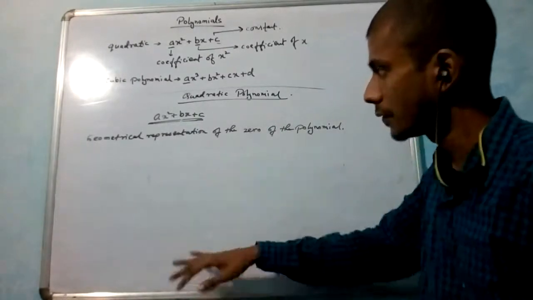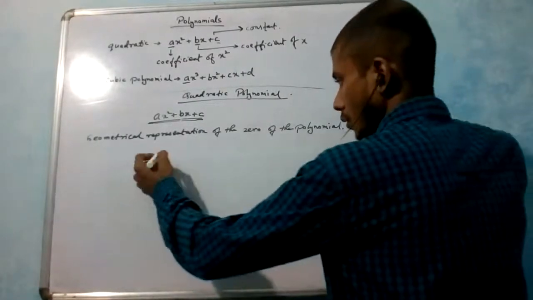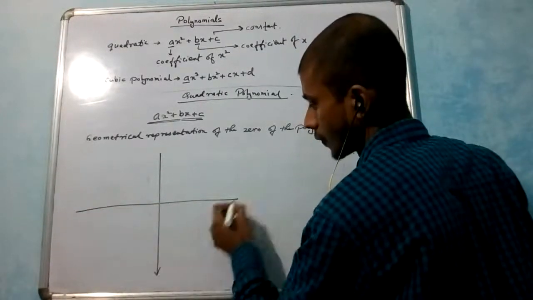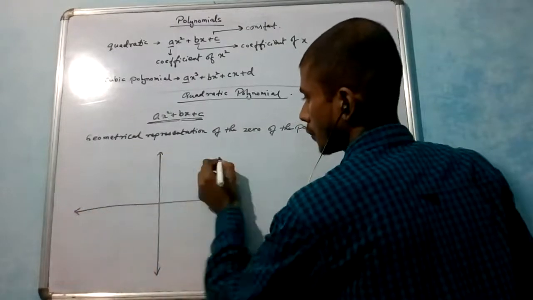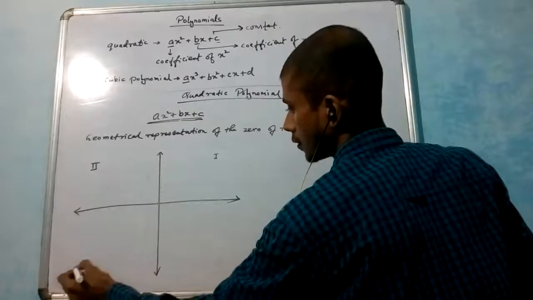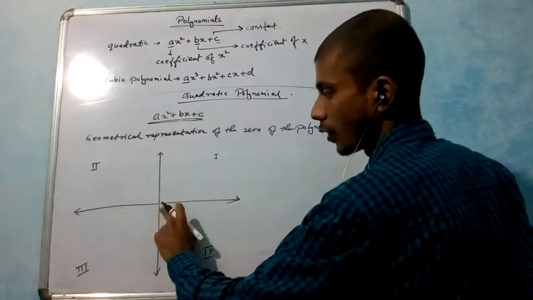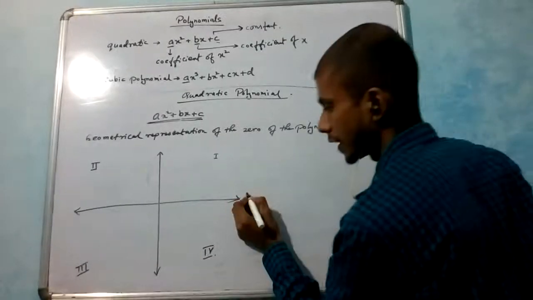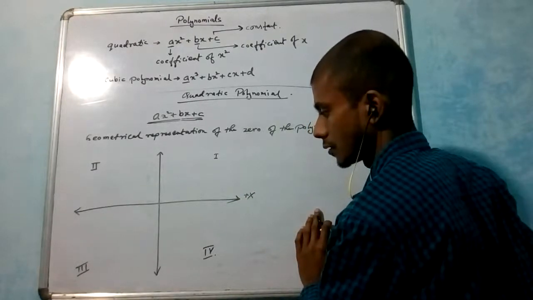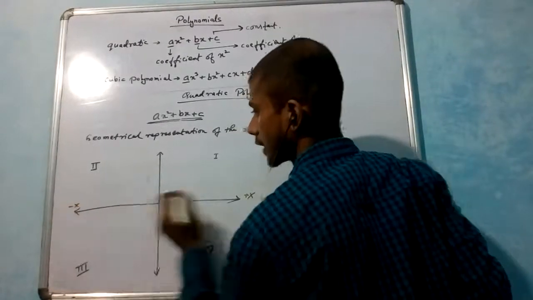So on the graph, we have this, the Cartesian plane. We know the first quadrant, second quadrant, third quadrant, fourth quadrant. From the origin towards the right, this is plus x. This side is minus x axis.